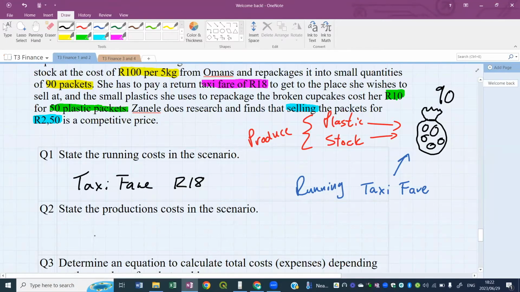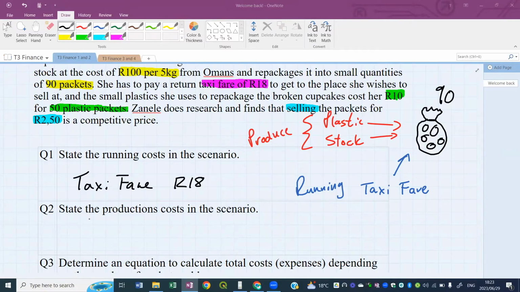There were the cupcakes, and what else needed to be bought to make this product? Anybody? Somebody. Plastic and stock. Darren Links, thank you very much. Darren Links is on the ball tonight. Thank you, Darren. Plastic and stock.